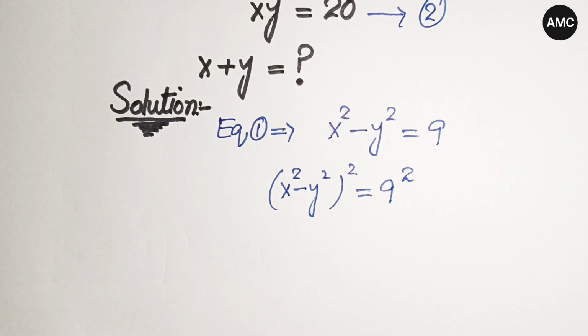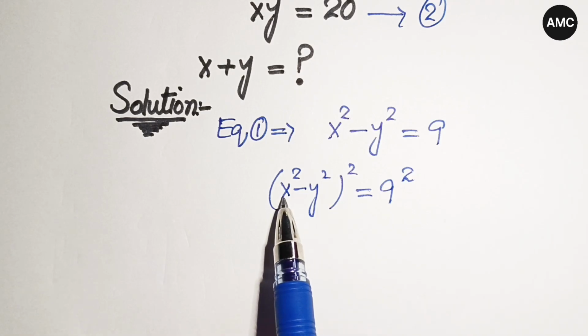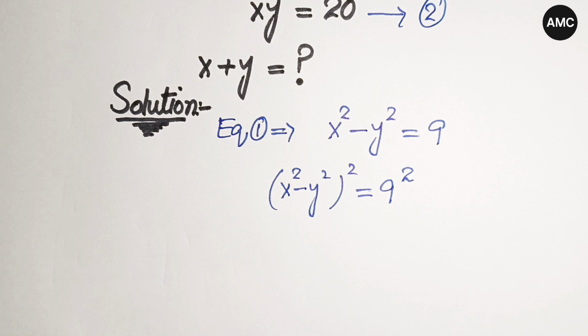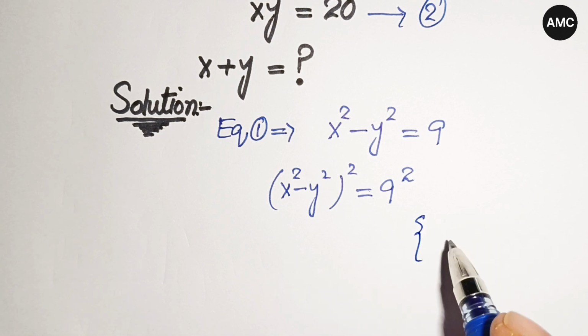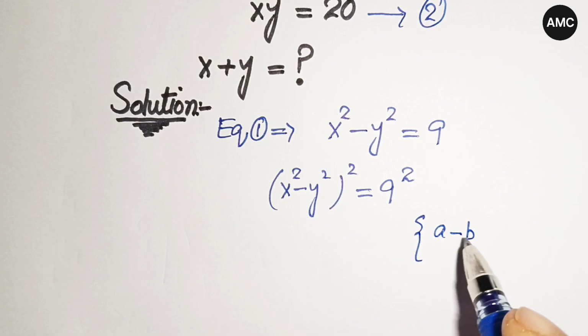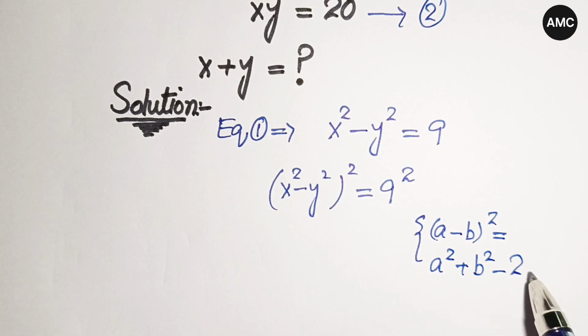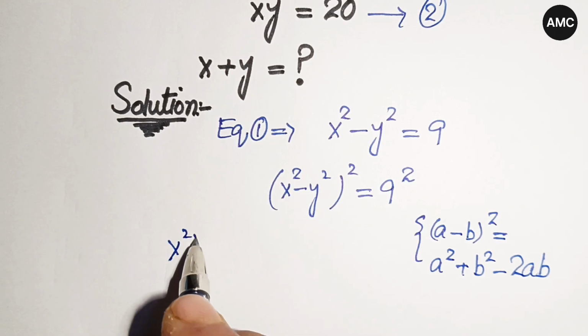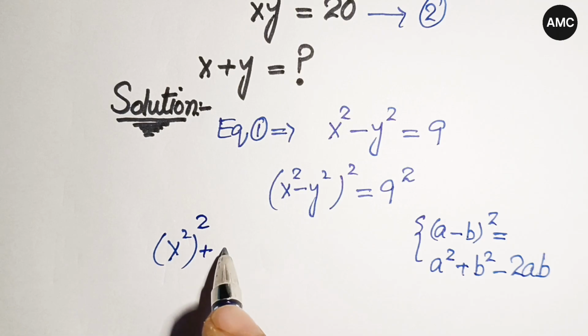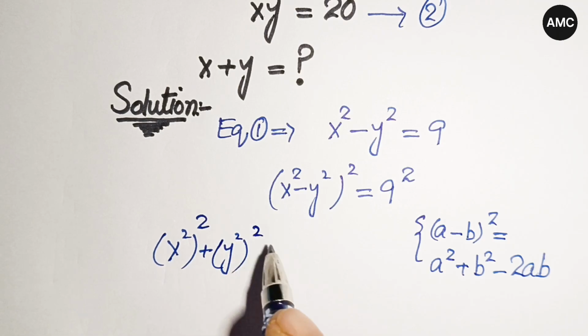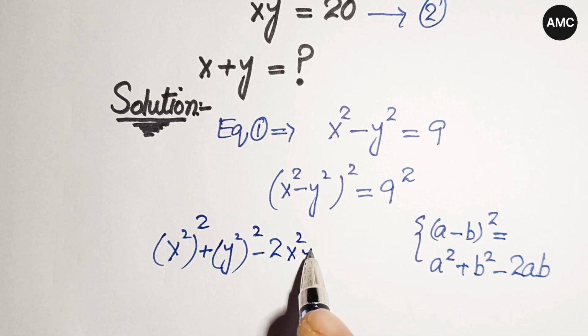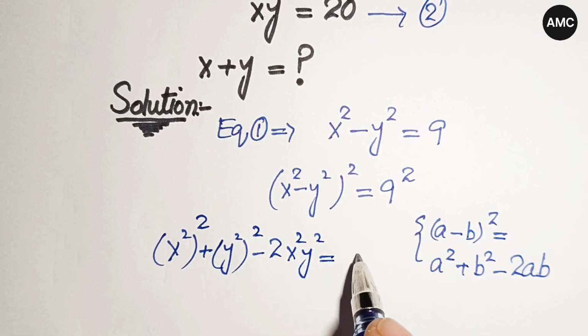We can use an algebraic identity here: (a minus b) whole squared is equal to a squared plus b squared minus 2ab. Here it will be (x squared) whole squared plus (y squared) whole squared minus 2 times x squared y squared, which is equal to 9 squared, which is 81.